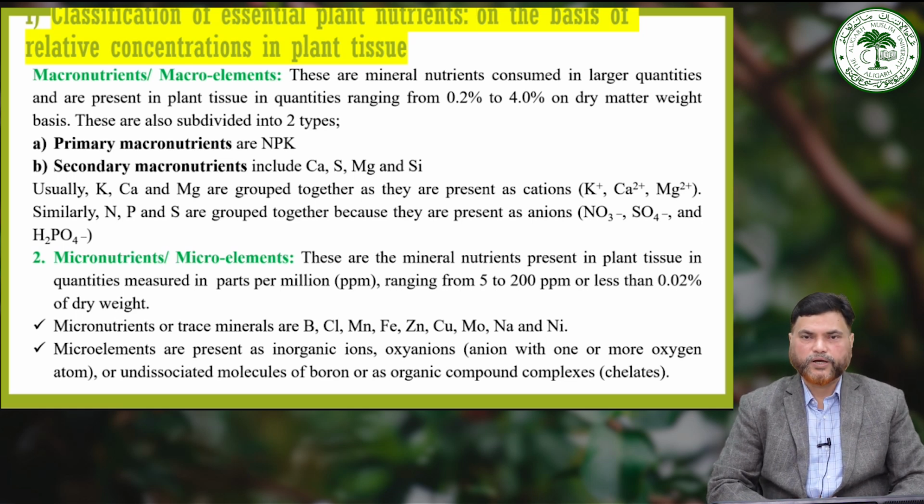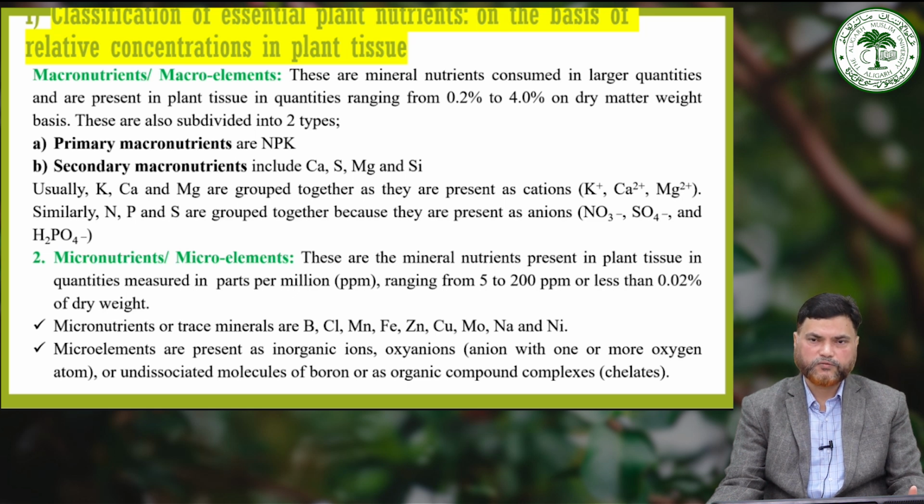One is macronutrients, another one is micronutrients. You might be aware. So, the question arises, what are these macronutrients? Macronutrients, also known as macroelements, are the mineral elements required by the plants in large quantities, and they are typically found in plant tissue in concentrations ranging from 0.2 to 4% on a dry mass basis.